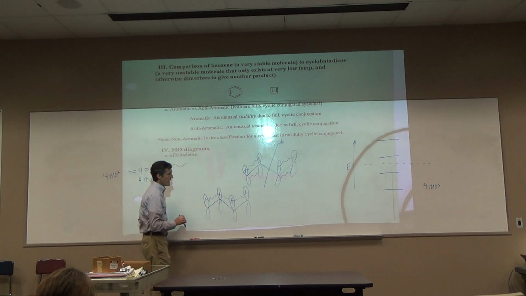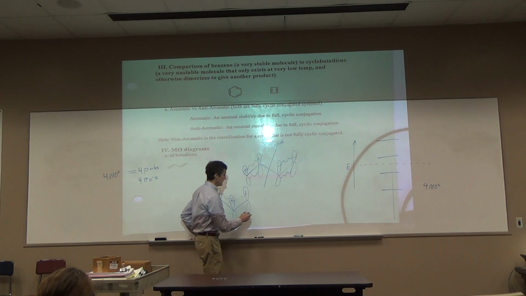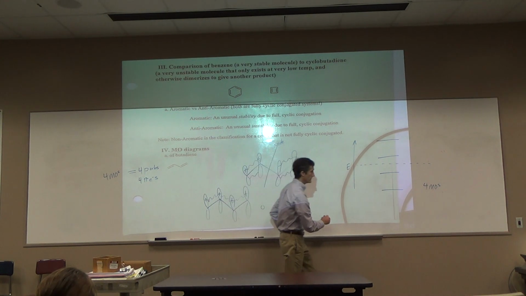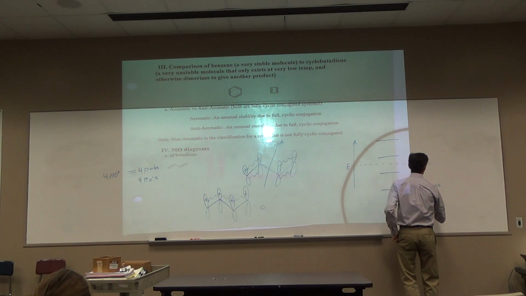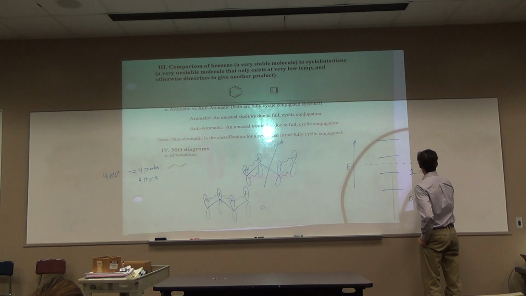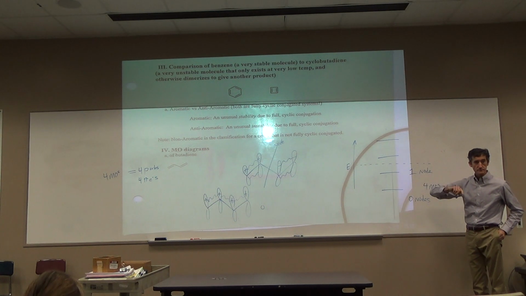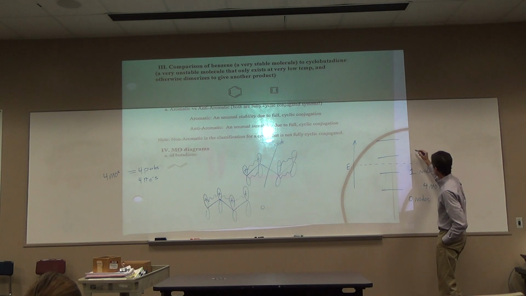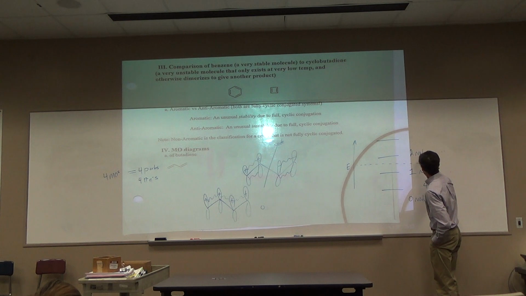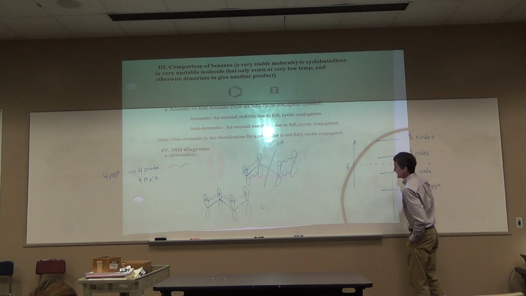One thing is, as we go up, the number of nodes increases. 0 nodes. I'll put this here. Okay? 4 MOs. 0 nodes. 1 node. And that's that one. Guess how many nodes this is going to have? 2 nodes. And this is going to have? 3. Yes, that's easy. That's what it's always going to be.